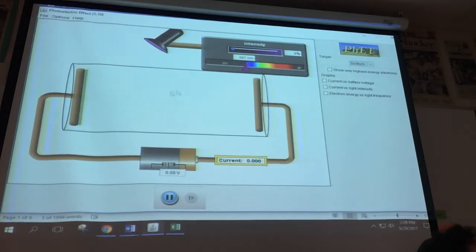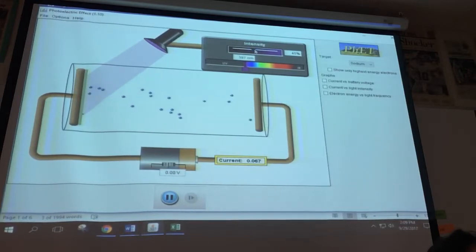The metal we're initially going to put here is sodium. I've got a light source here. Initially, I'm in the violet range, lower wavelength than most of the visible light region. If I increase the intensity, when the light hits the polished metal, it ejects an electron.